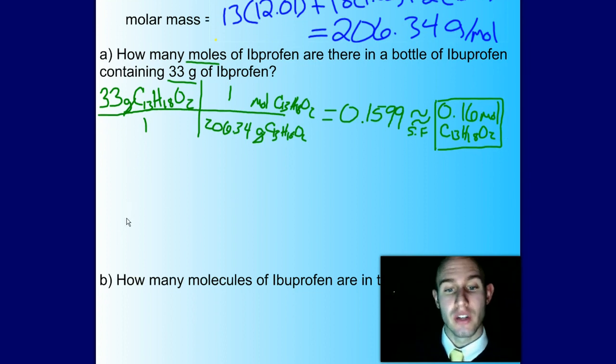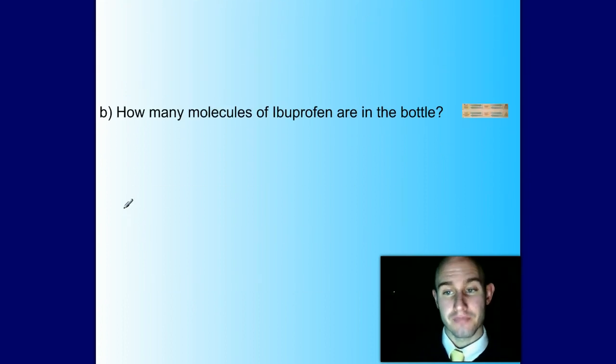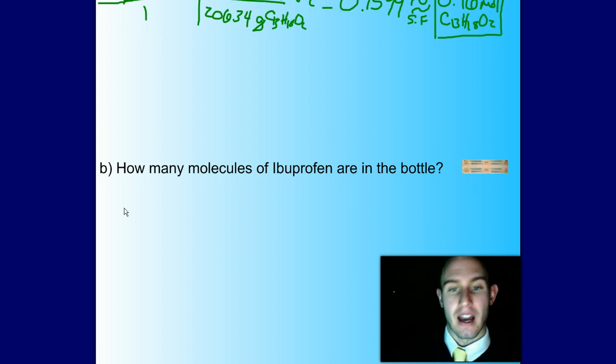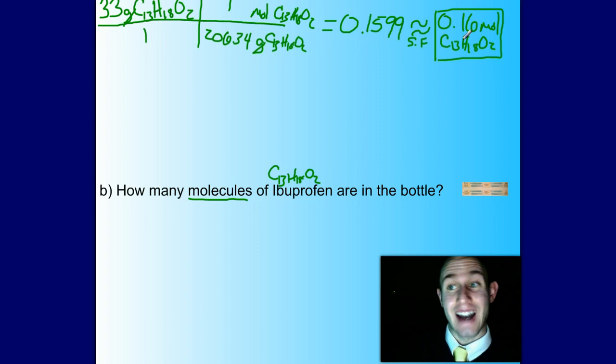So let's continue here and look at another example problem. I'm dealing with how many molecules now of ibuprofen. And remember that ibuprofen is C13H18O2. Now I'm looking at how many molecules of ibuprofen are in the bottle. Well, if I'm already in moles from up here in this answer, I can just use that as an answer down here.